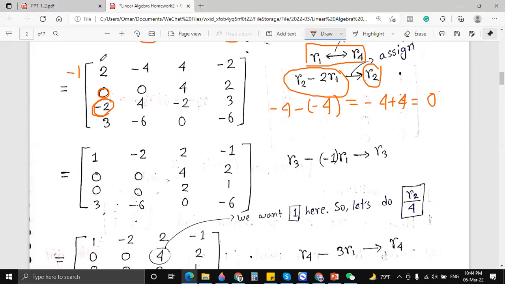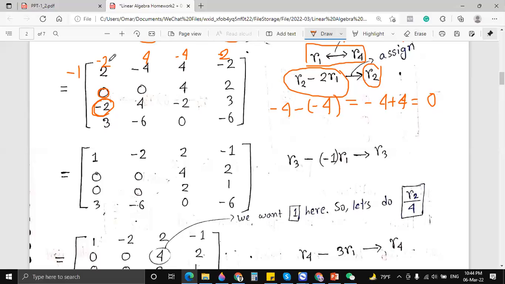So we get minus 2, we get plus 4, right? Minus and minus makes plus. So we get 4, and it is minus 4, it is plus 2.